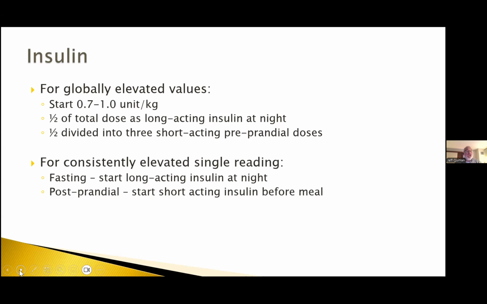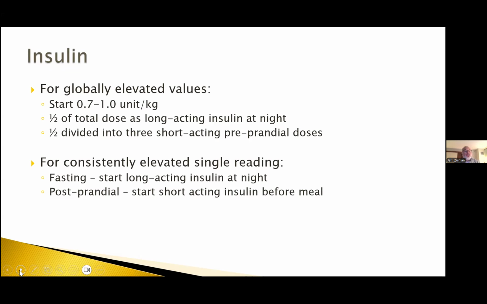Typically, you're going to give half of that total dose as a long-acting insulin at night, and then the other half is going to be divided into three short-acting pre-meal doses of insulin. And then you would increase that by 10% per week if 20% of the glucoses continue to be above the expected targets.